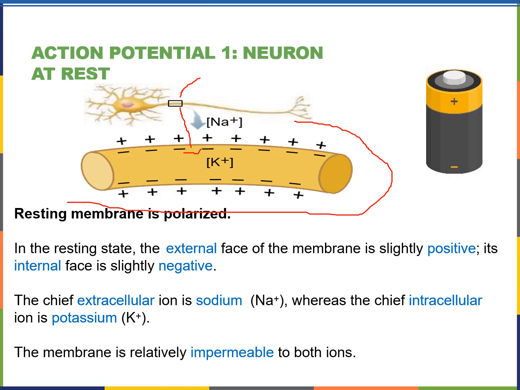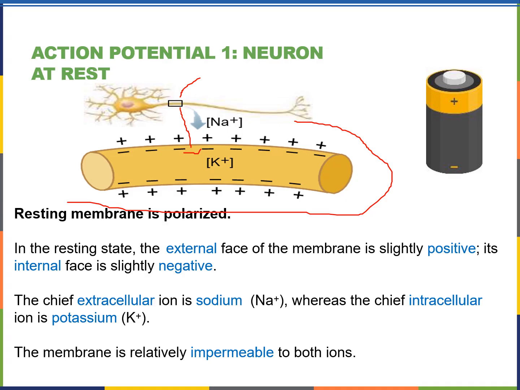Now the question is, since they're both positive ions, how come we have negative charges and positive charges? The reason for this difference is that there are always more sodium outside than there are potassium on the inside. And the sodium-potassium pump actually maintains this.